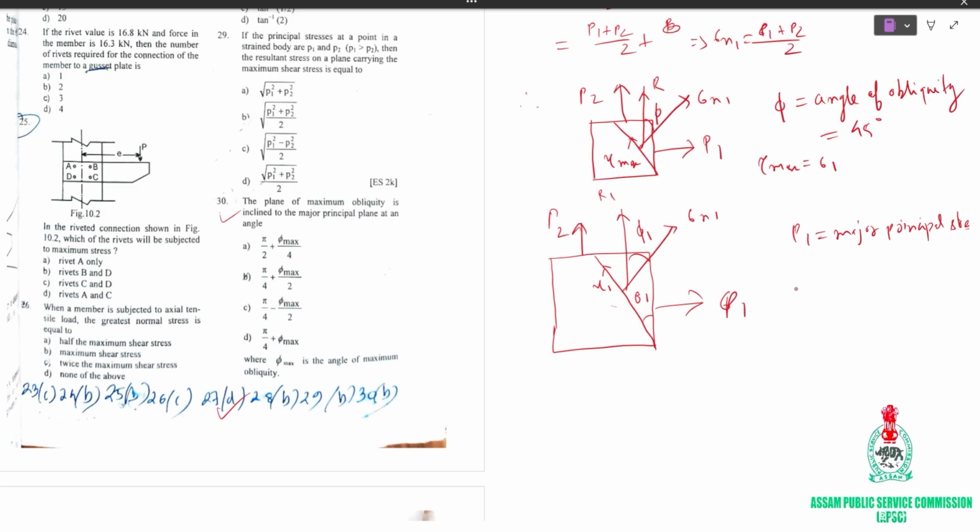Now you have to find this theta in terms of this phi 1, where phi 1 becomes the maximum value. Suppose this is not a maximum value. Suppose we have a different plane inclined at theta 2. Here this is tau 2, here this is normal 2, then we have the resultant R2, then we have the phi 2.